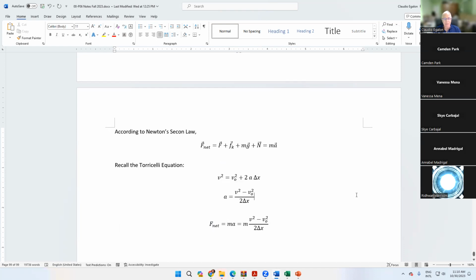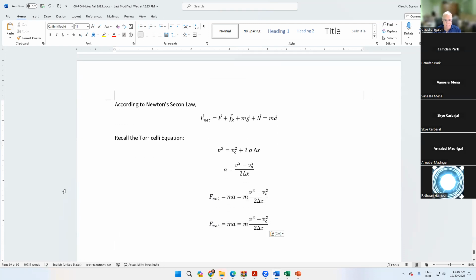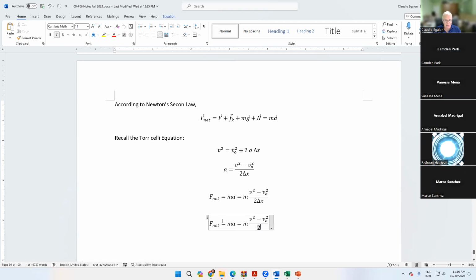And then I'm going to do something else. Notice that I have the delta x here on the right side. If I pass the delta x to the other side, what am I going to get?